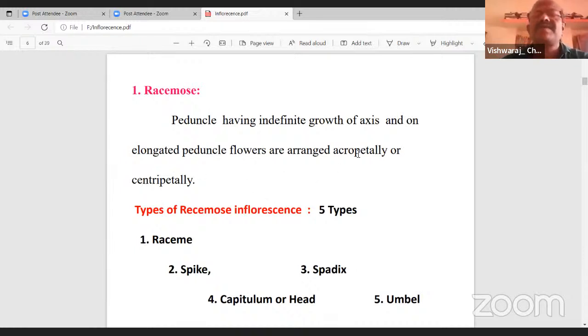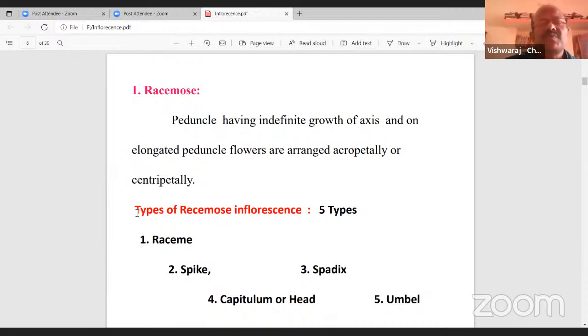Acropetally means younger flowers on top or apical, and older on base. That is acropetally. Then centripetally, younger flowers are at the center in sunflower, and peripheral are older flowers.